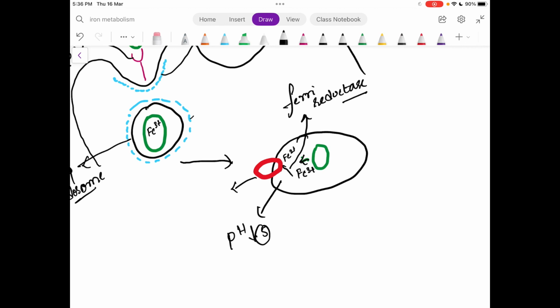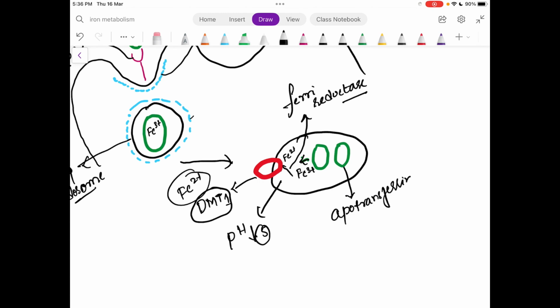It is done with the help of divalent metal ion transporter 1, DMT1. And this iron will be utilized for metabolism. And this transferrin without iron is called apotransferrin.